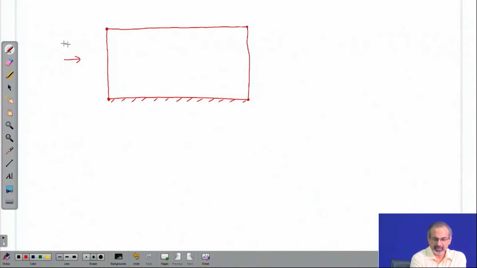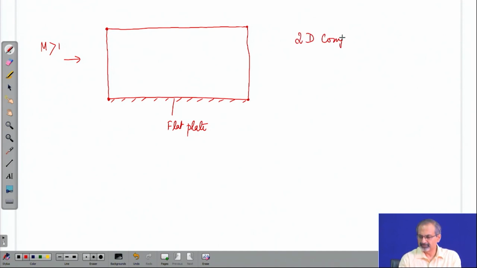Let us set a problem like this, that we want to have a supersonic flow impinging on a flat plate. So, it is moving parallel to the flat plate, and we are going to solve 2D compressible Navier Stokes equations in order to generate the viscous solution that develops when that supersonic flow moves past this flat plate.